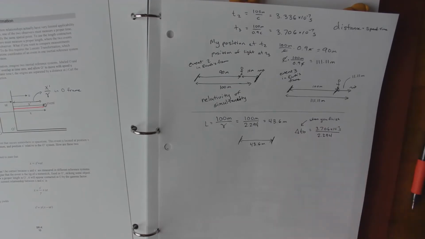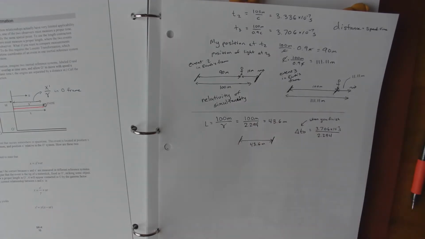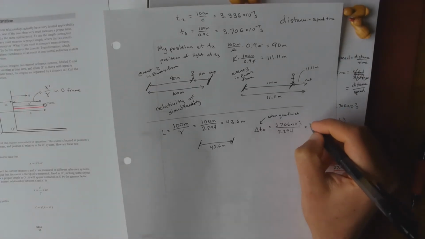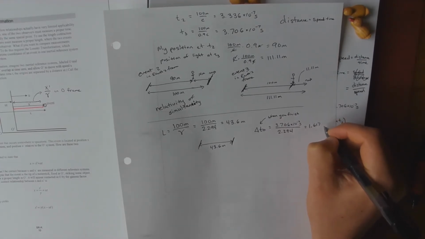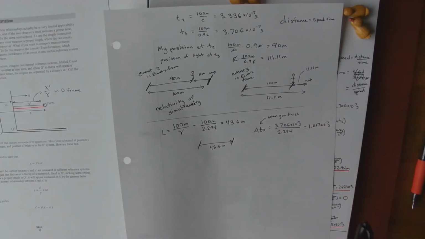2.294. And do I want to do it that way? Or do I want to do it with 100 divided by 0.9 divided by 2.294? I think we'll just go ahead and do it in seconds. So this gives me the time when you finish in your reference frame is 1.617 times 10 to the negative 7th seconds.